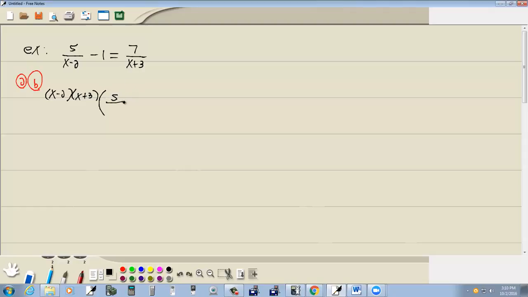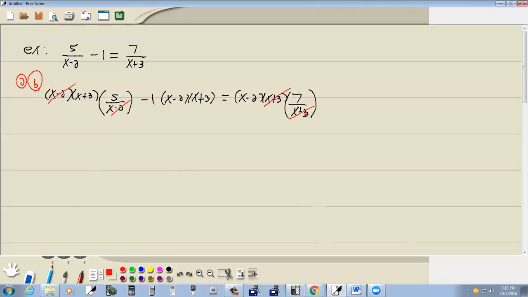So we're going to take 5 times x minus 2, take negative 1 times that, and then I'll take x minus 2 times x plus 3 times this fraction. Okay, these x minus 2's would cancel.